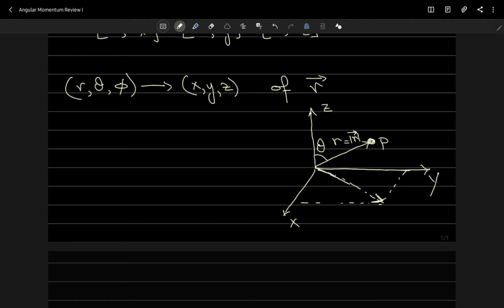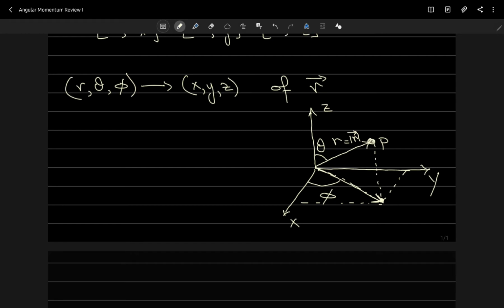Or let's just draw a proper line, right? So this is the projection of this point P, position vector, and the angle that this projection vector makes with the x-axis, we'll call that phi.